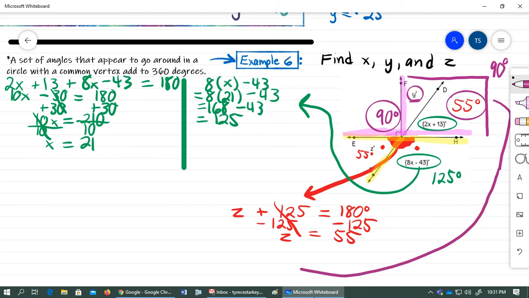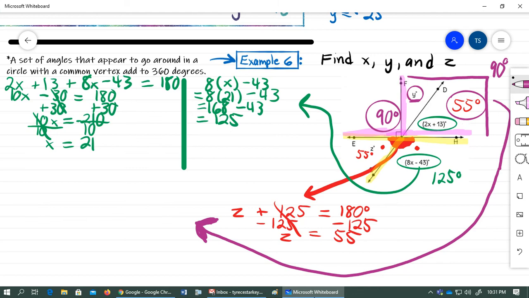Okay. I apologize, guys, about how sloppy that might look. I'm trying to do a little bit of color coordination for you, so you see what we're doing and what we're dealing with here.